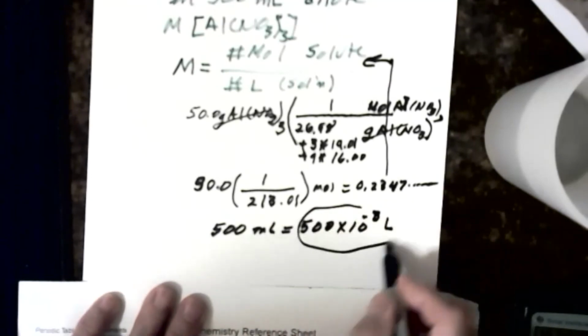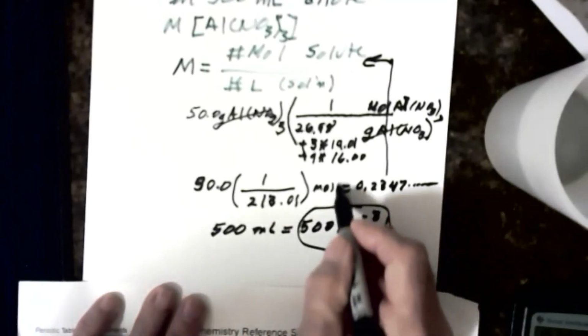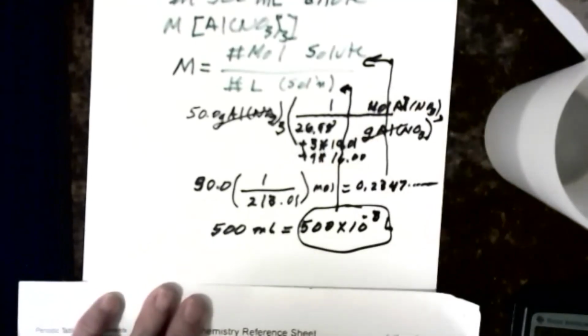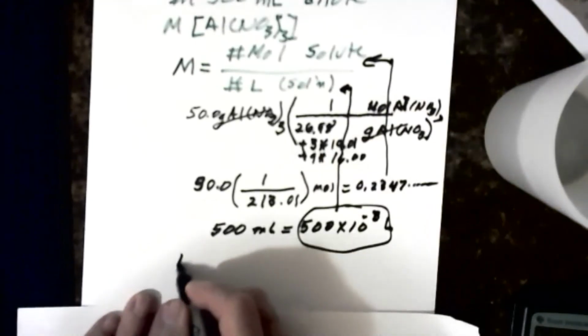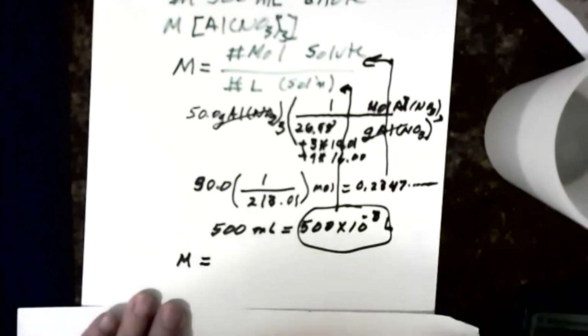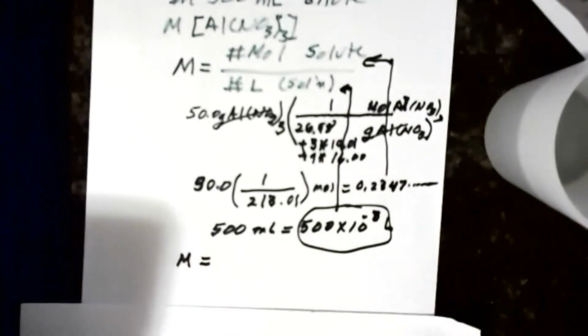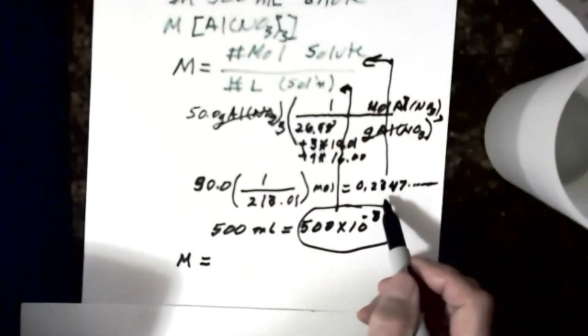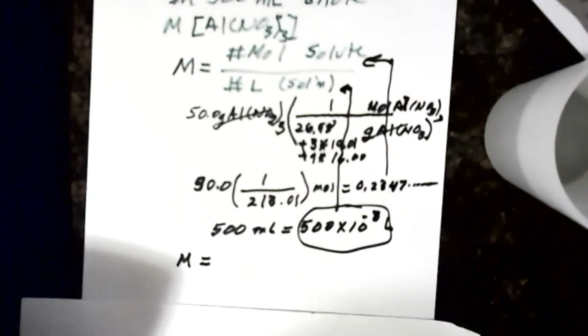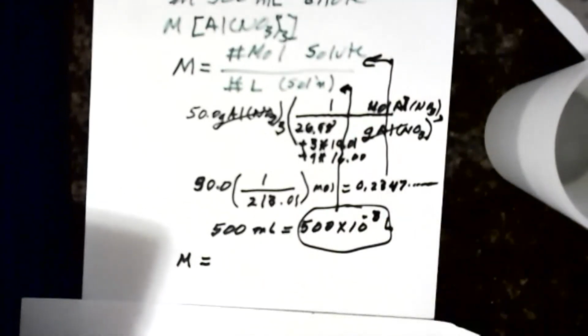And this is the number I'm going to plug in also up here in my formula. And I can do the math. So I can do the molarity here. It's going to be equal to the number I have on my calculator now, divided by 500 times 10 to the minus 3.